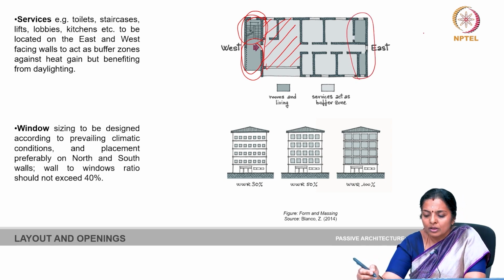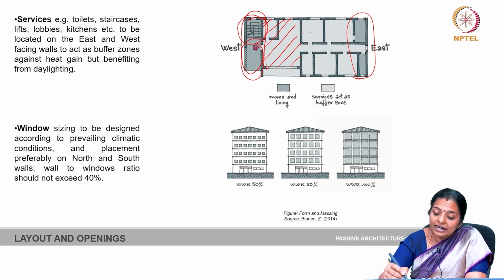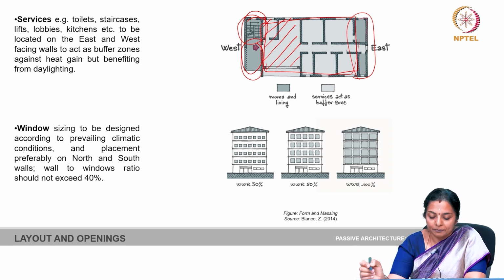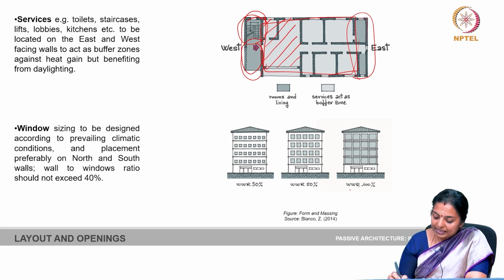The east side can also be buffered with certain spaces like kitchens or storerooms or something like that, and then the entire area is sandwiched between two spaces which are buffered.